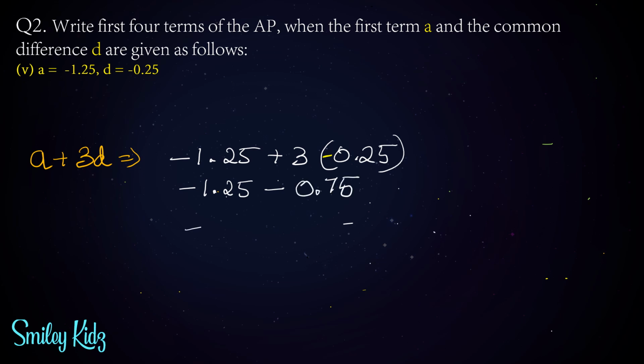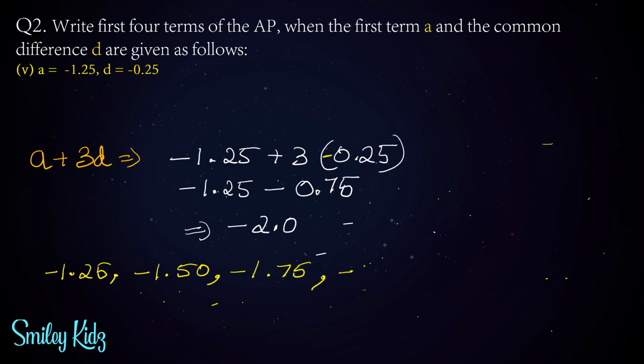So this in turn will give you minus 2.0 or basically minus 2. Alright, so what was our sequence? Did you forget the sequence? The sequence was minus 1.25, minus 1.50, minus 1.75 and at last we had minus 2.0 and so on. And this forms our arithmetic progression.